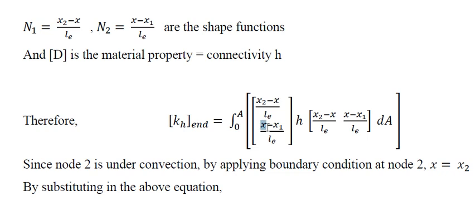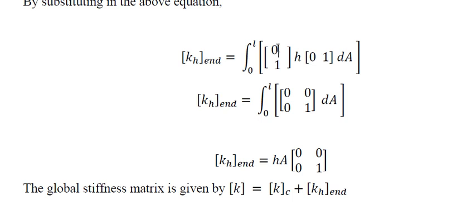So if we replace x as x2, this entire term becomes 0, and this will become LE by LE, which is 1. This becomes 0, this becomes 1. As I told, it is N transpose N H dA.